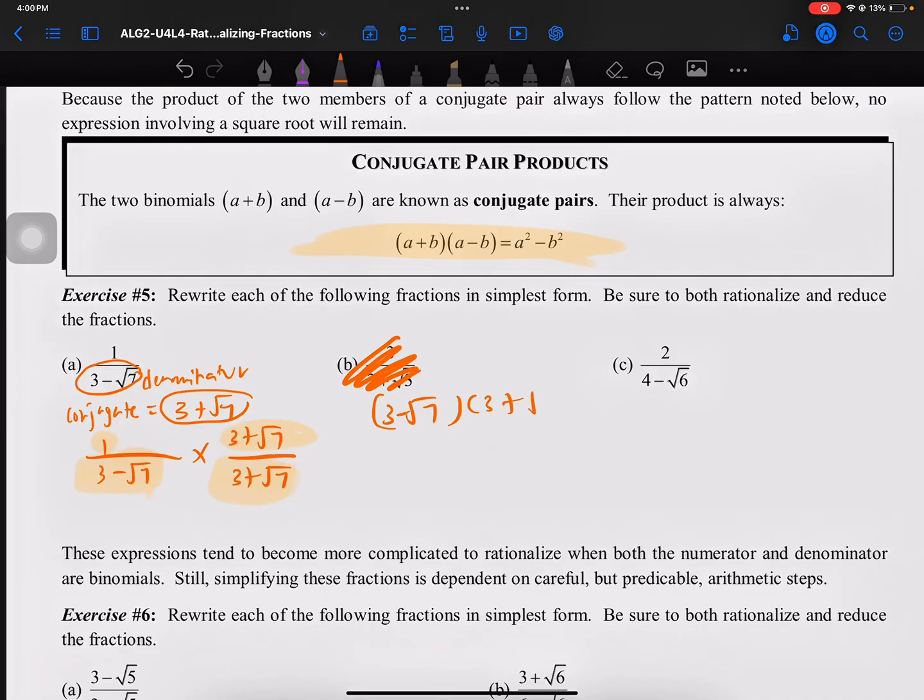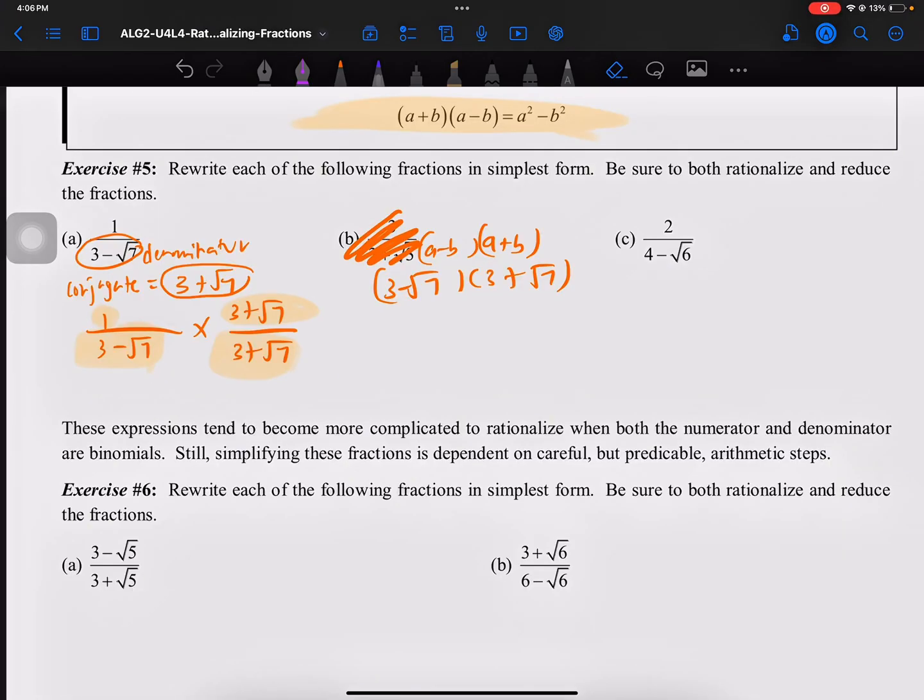This is the form A minus B, A plus B. So it is A squared minus B squared. A squared is 3 squared, which is 9. B squared is root 7 squared, which is 7. The root and the square eliminate each other, so it becomes only 7. So A squared minus B squared is 9 minus 7, which is 2.